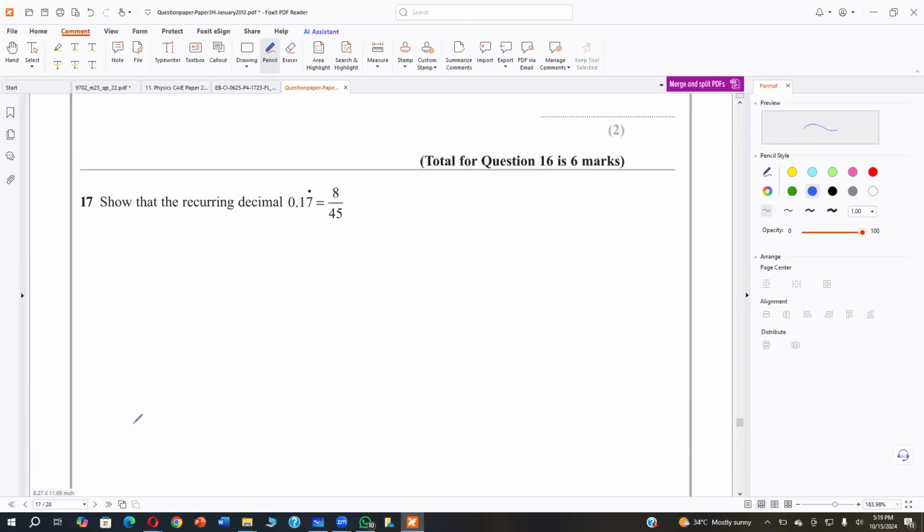Show that the recurring decimal 0.17 recurring is a fraction. How do we solve a recurring decimal like 0.1717 and so on? It's a recurrence of the second digit. So we can use the multiply method.